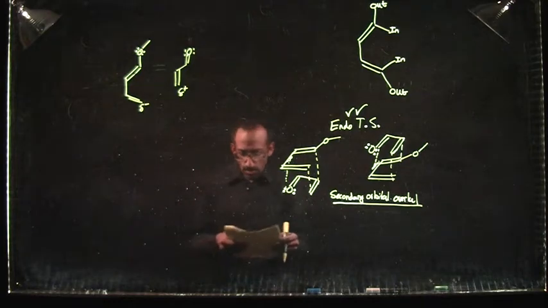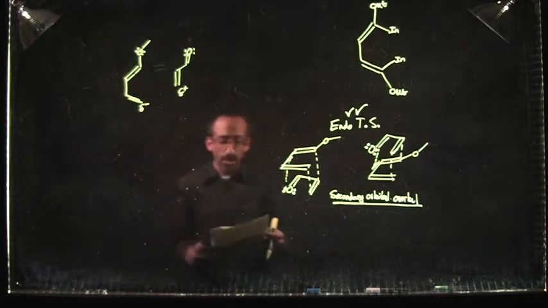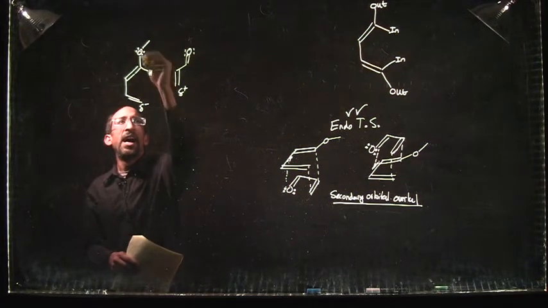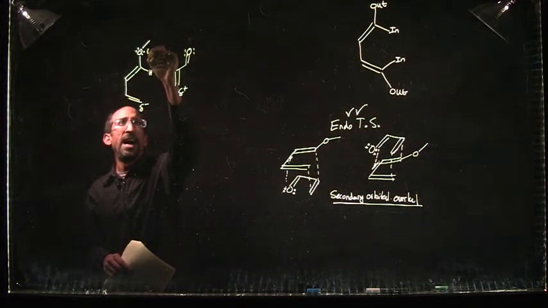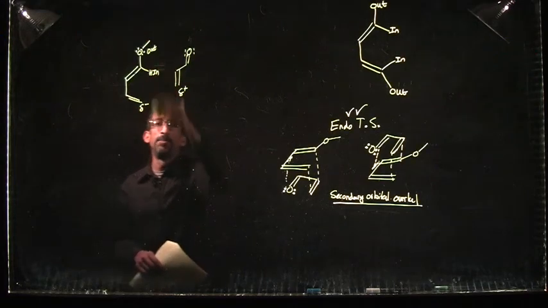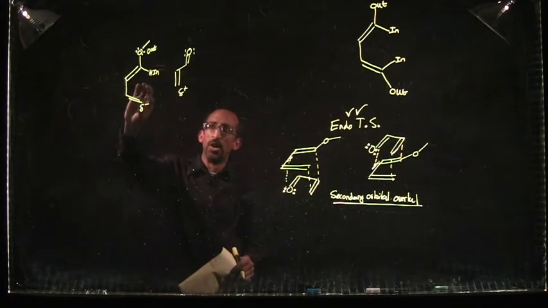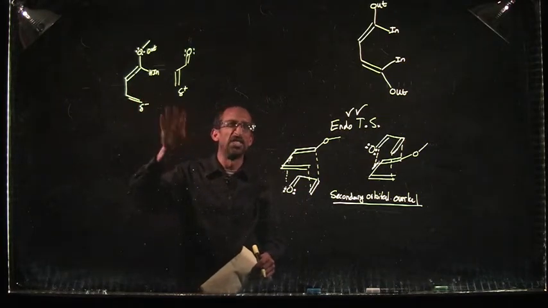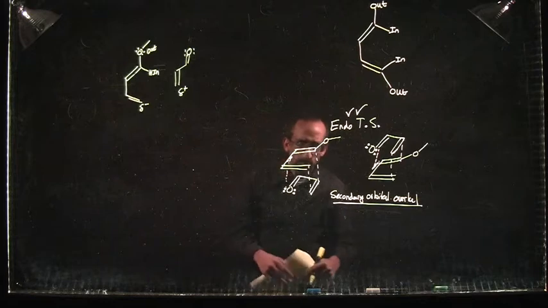Okay, so if we look back to our starting materials, we see that on my diene, I have a methoxy group out, and I have a hydrogen in at the carbon that has different substituents, whereas at this other terminal alkene carbon, they're both hydrogens, so it really is not going to make a difference.